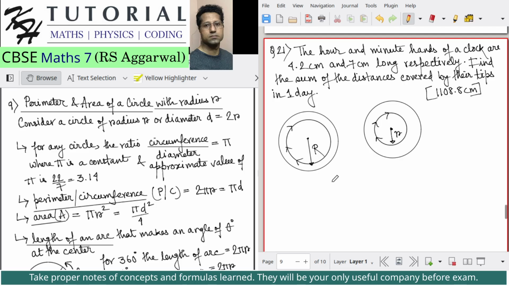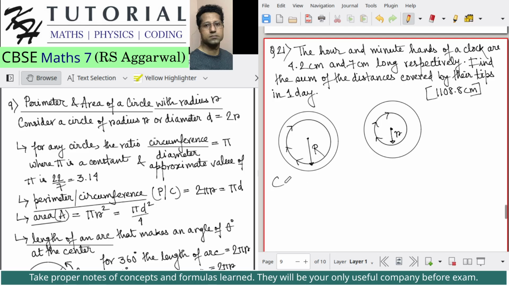So let's first find out the circumference of the circle formed by the hour hand. When the hour hand is moving, it is moving in a circle whose radius is equal to capital R, the length of the hour hand.